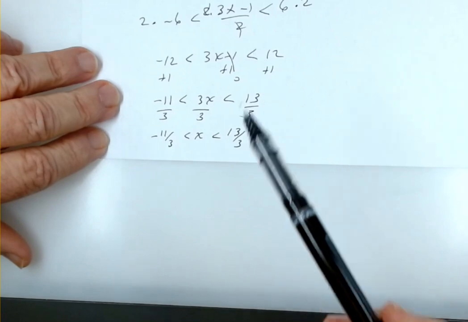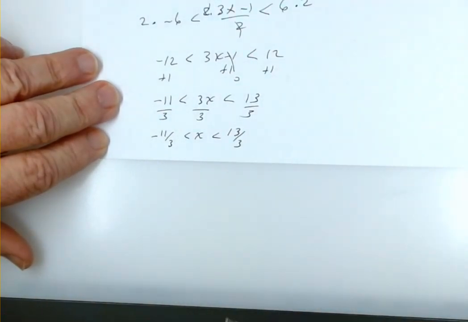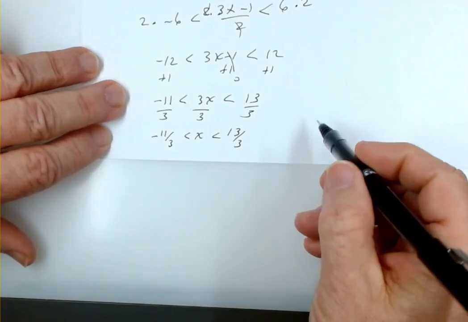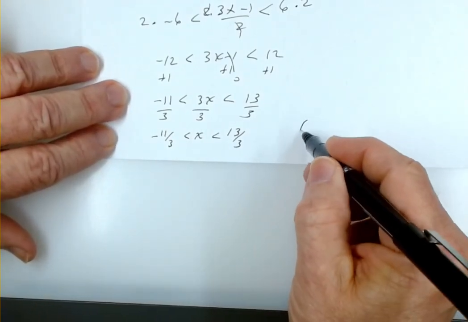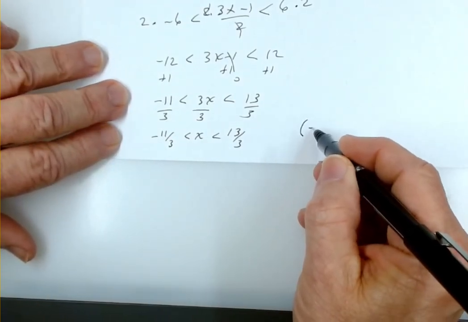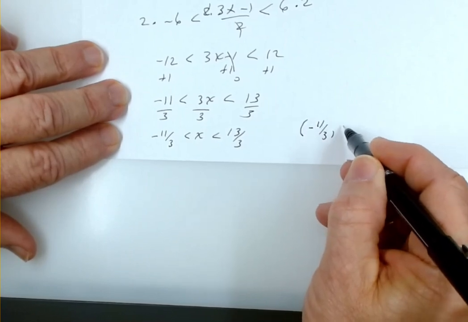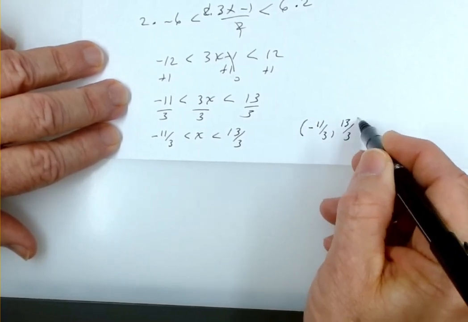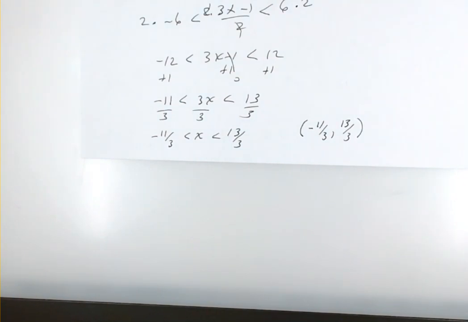So notice how absolute value less than looks, how you set it up. Now the interval notation will be parentheses, negative 11 thirds, comma, 13 thirds, parentheses, right? That's interval notation. All right, so that's how you set up the absolute value less than.